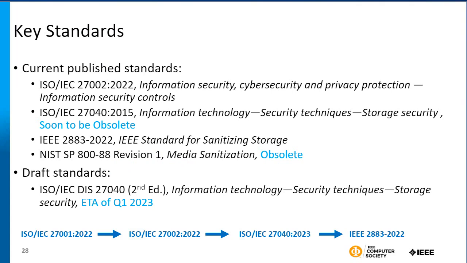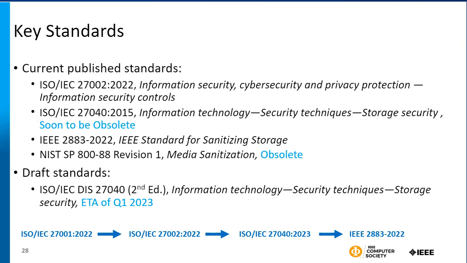All right. So in the world of sanitization, there are some standards that are worth taking note of. If you're into security, you are probably aware of the ISO 27000 series. Organizations go and get certified against 27001 for their information security management systems.